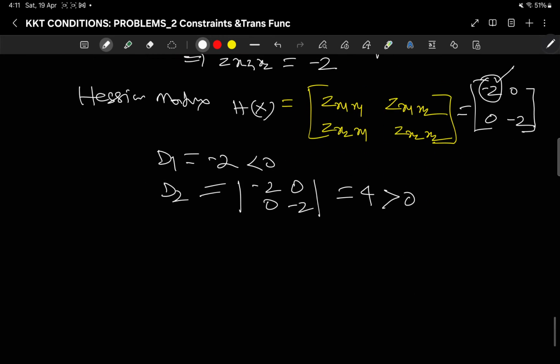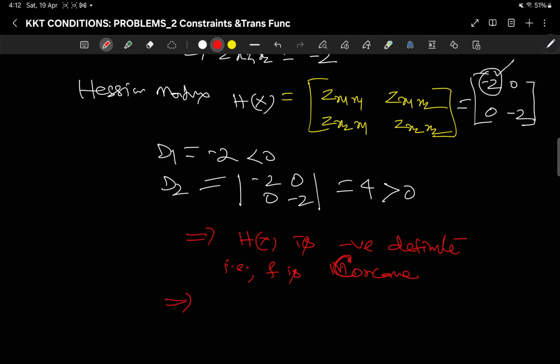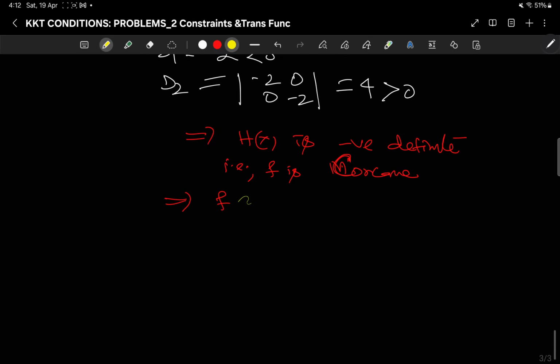So alternately it is negative and positive, so H(x) is negative definite. Negative definite leads to concave, so f is concave. That means f ensures maxima with respect to case 1. So z is concave, so z ensures maxima under case 1.